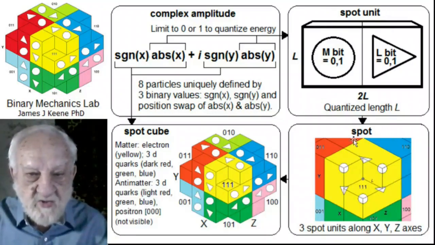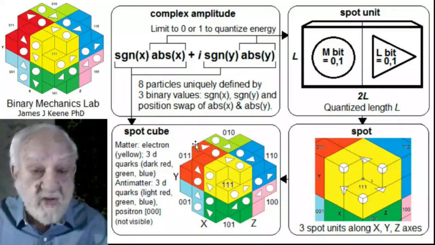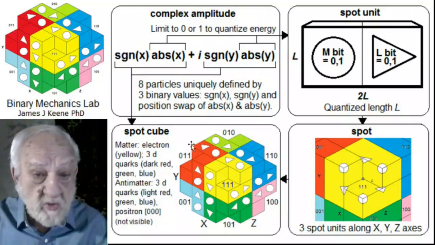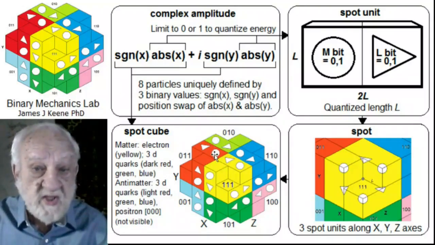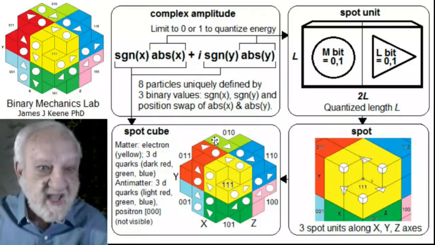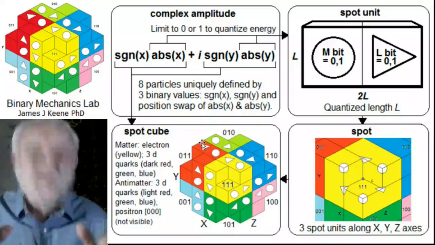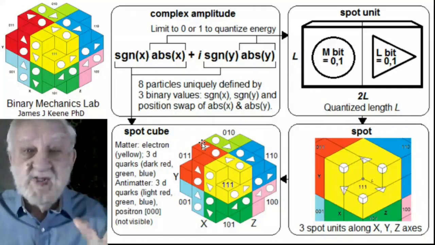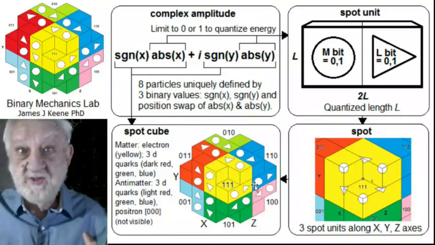3 spot units make a spot in the X direction, the Y direction, and the Z direction. If we fool around and change the direction of the arrows, like shown in the lower left here, change the sign of the 1 states, which we call the M bits, and things like that, we get finally a spot cube, and our model of space is that it is a lattice of these spot cubes.